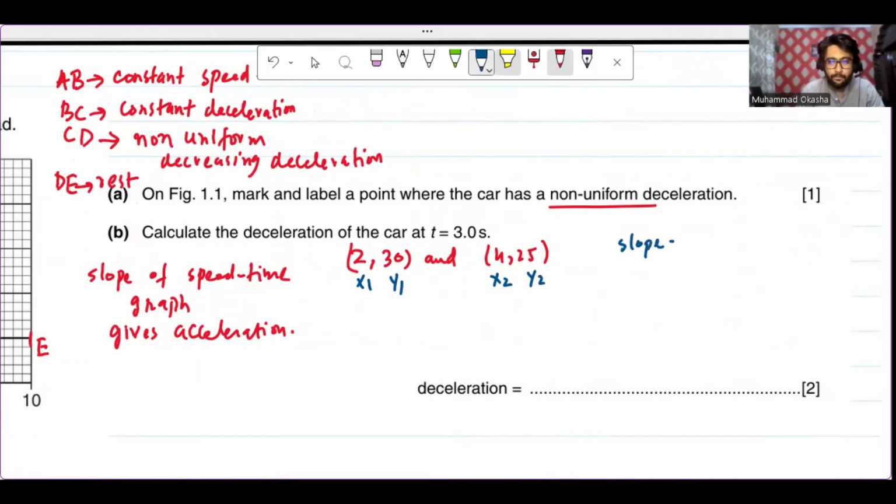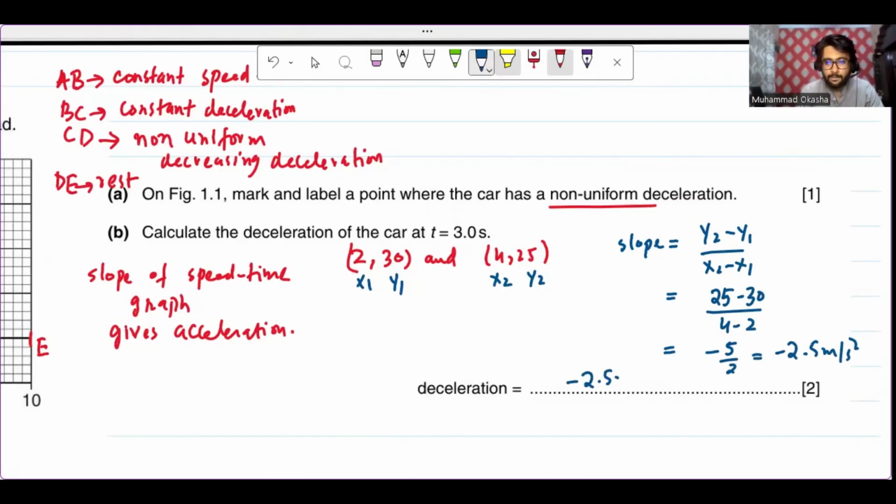So slope equals, we know the formula, y2 minus y1 divided by x2 minus x1, which would be 25 minus 30 divided by 4 minus 2. 25 minus 30 is negative 5, divided by 2. So this is going to be negative 2.5 meters per second square.